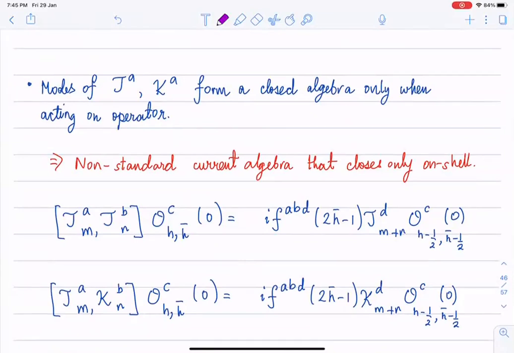But if you evaluate the action of these commutators on some conformal primary, then you can show that the commutators actually close.